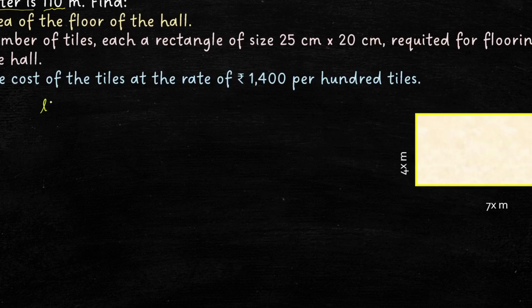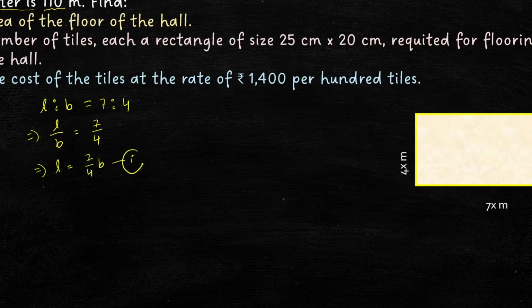So L is to B, length is to breadth, is equal to 7:4 as per the question. L divided by B in fraction form is 7/4. So from this, L is equal to 7/4 B. So this is equation number 1.